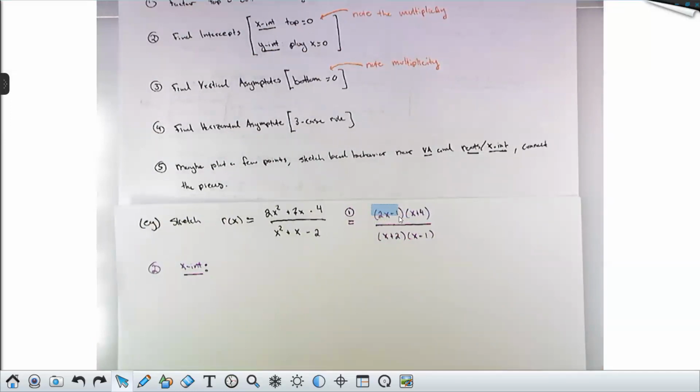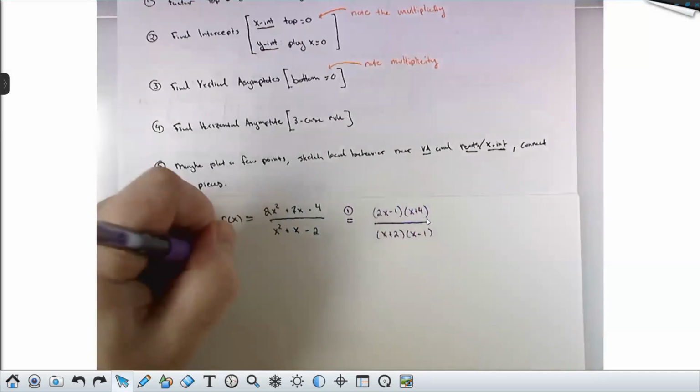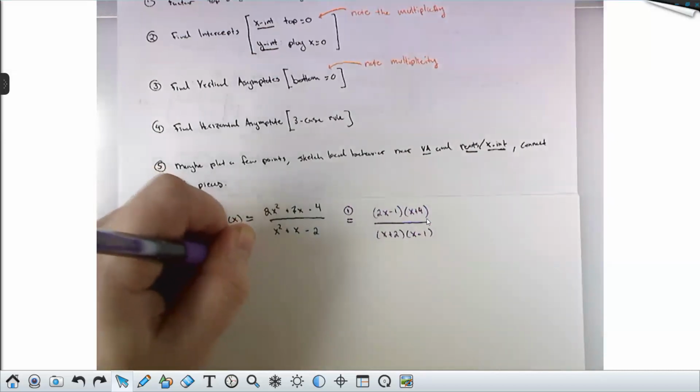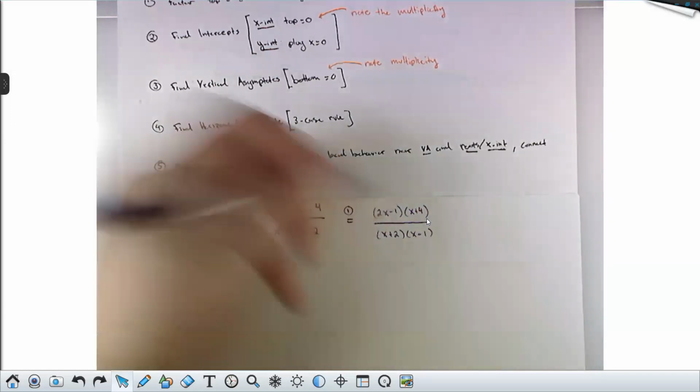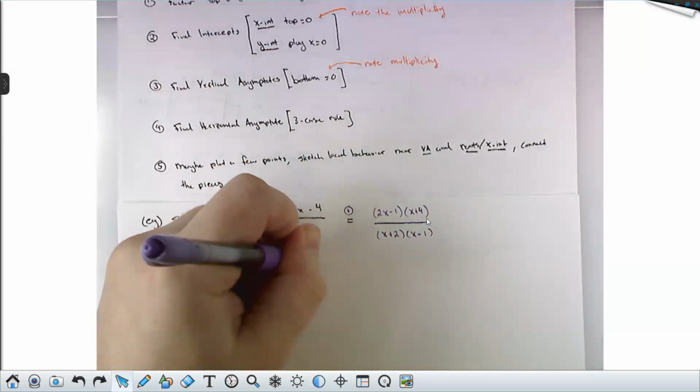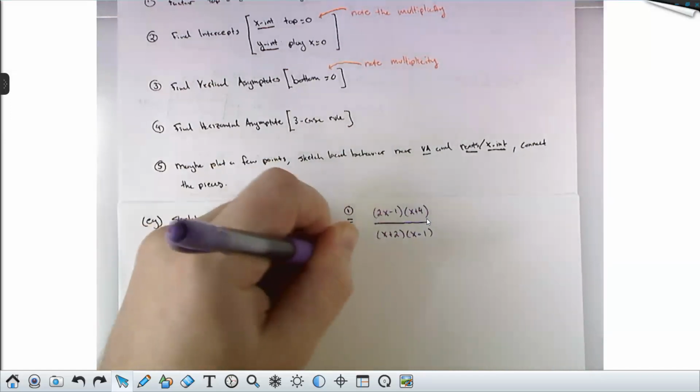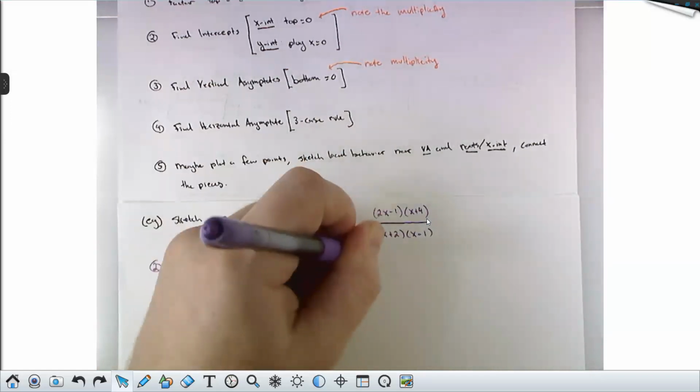Very good. This factor is 0 at 1/2. This factor is 0 at -4. So this is x equals 1/2, and the multiplicity here is 1, right? Because this is a multiplicity 1 factor. And x equals -4, also multiplicity 1.